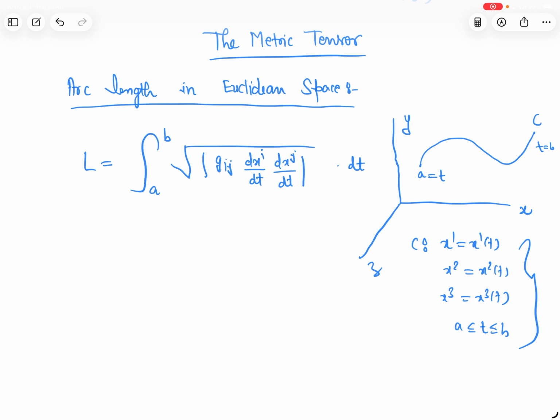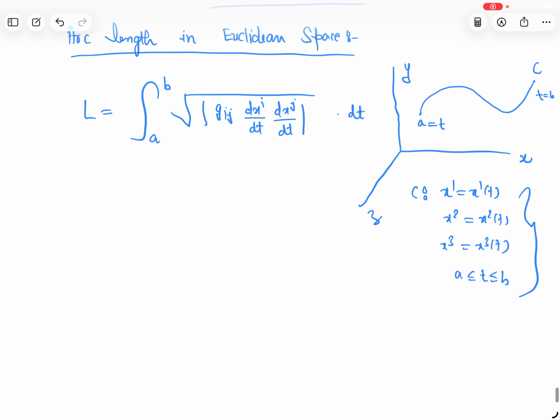Okay, where Gij is equal to Gij, with x1, x2 up to xn.